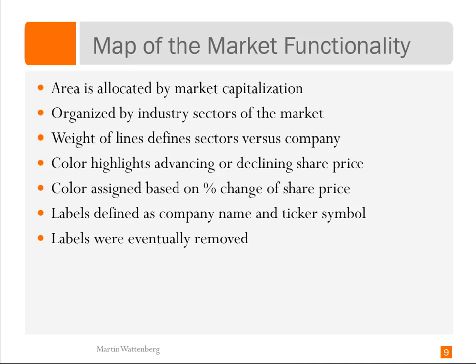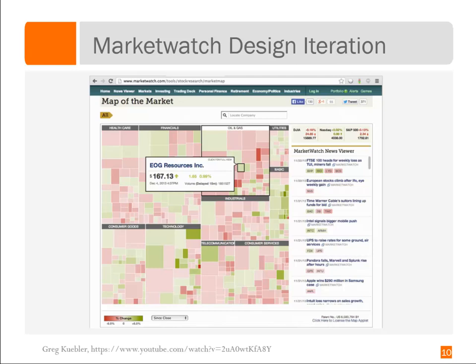Originally, labels were defined as company names and ticker symbols. That was the original design, but the labels were eventually removed for better visibility. And then that particular design was purchased. So this map of the market was purchased by MarketWatch, and a redesign was performed by Greg Kubler.